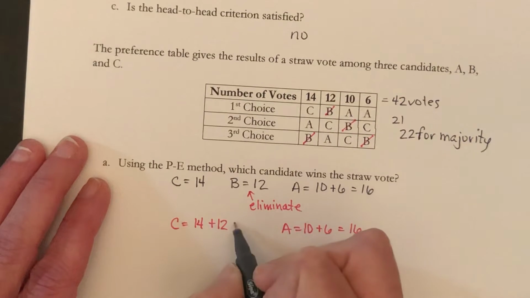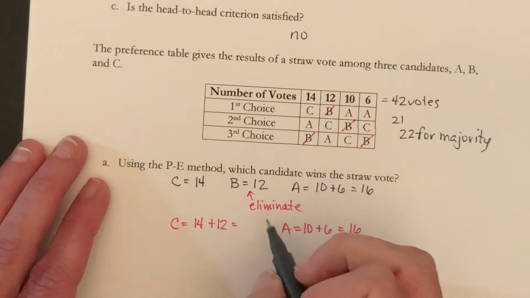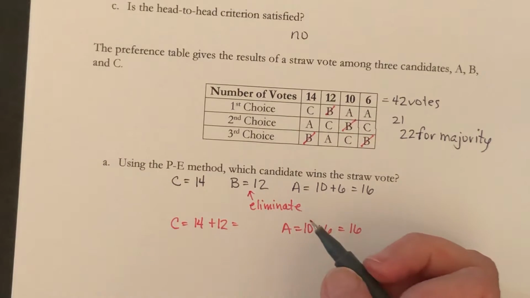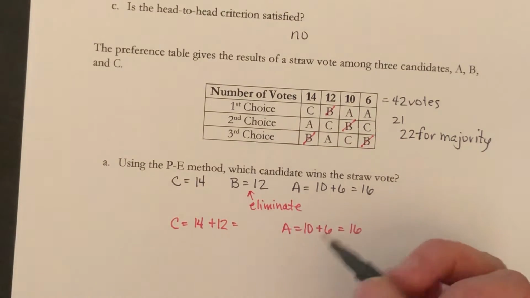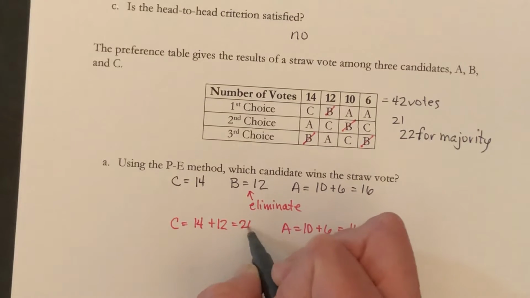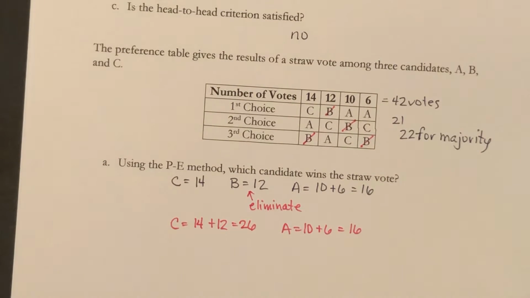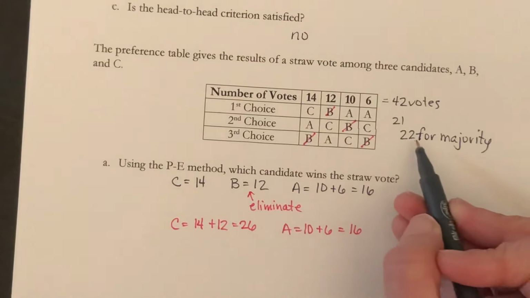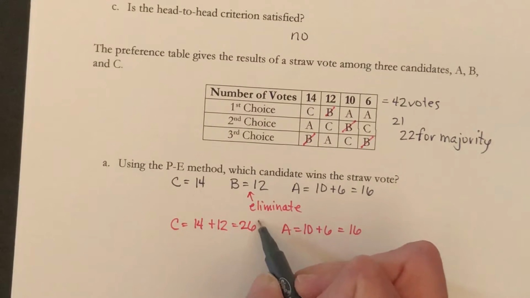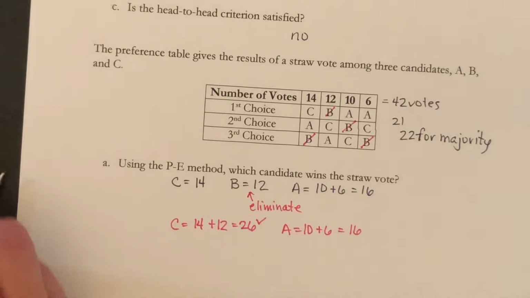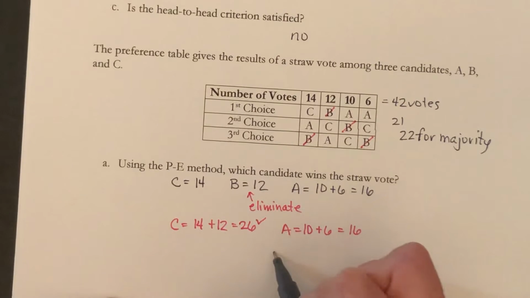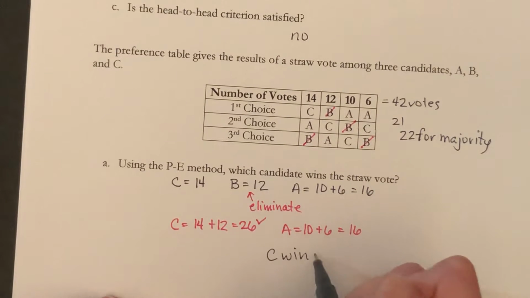So this is 16 to 26. So 22 is needed for a majority. C has a majority, so C wins.